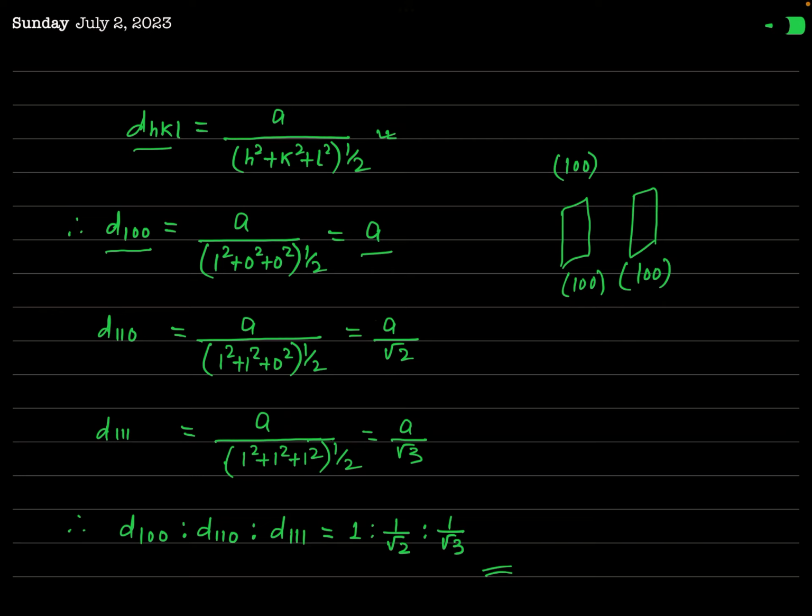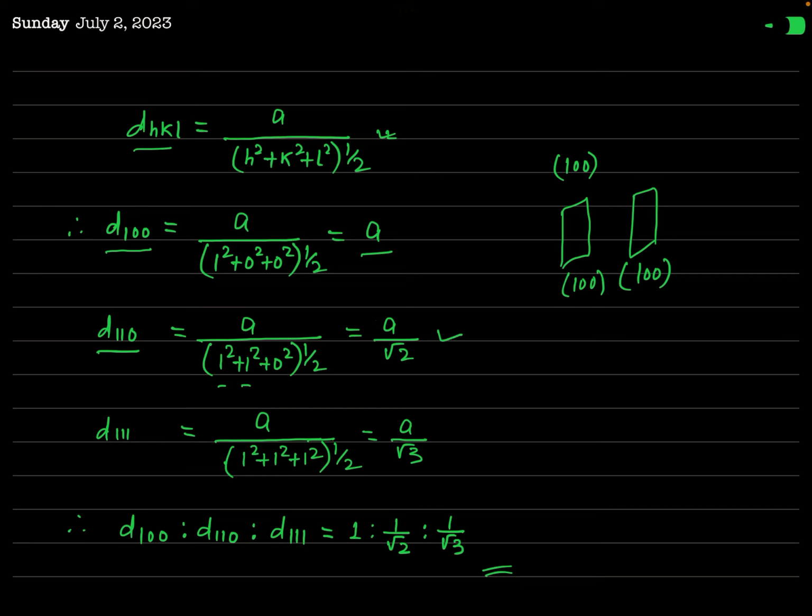But if you consider the other planes of the cubic system designated by the Miller indices 1, 1, 0, then the separation between such two planes will be denoted by the symbol D_110. And that will be equal to what? That will be A divided by the square root of 1 square plus 1 square plus 0 square.